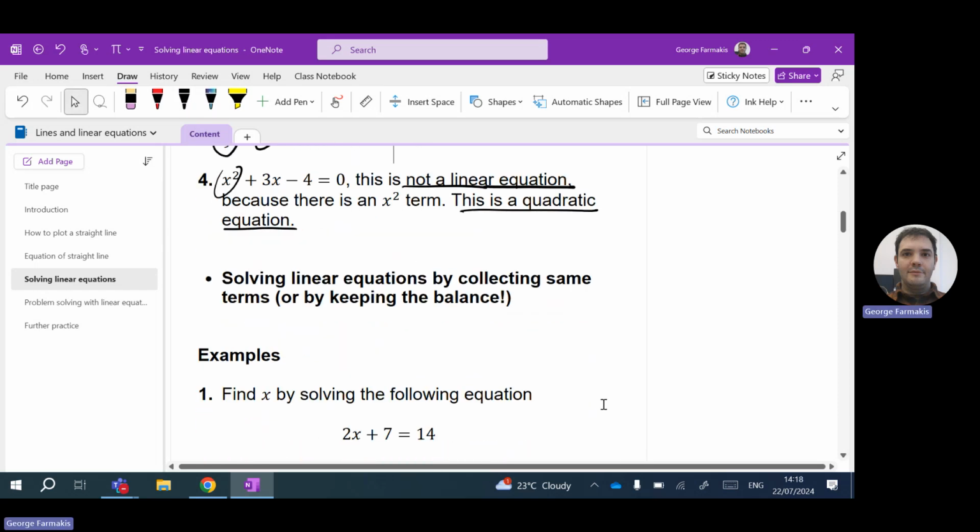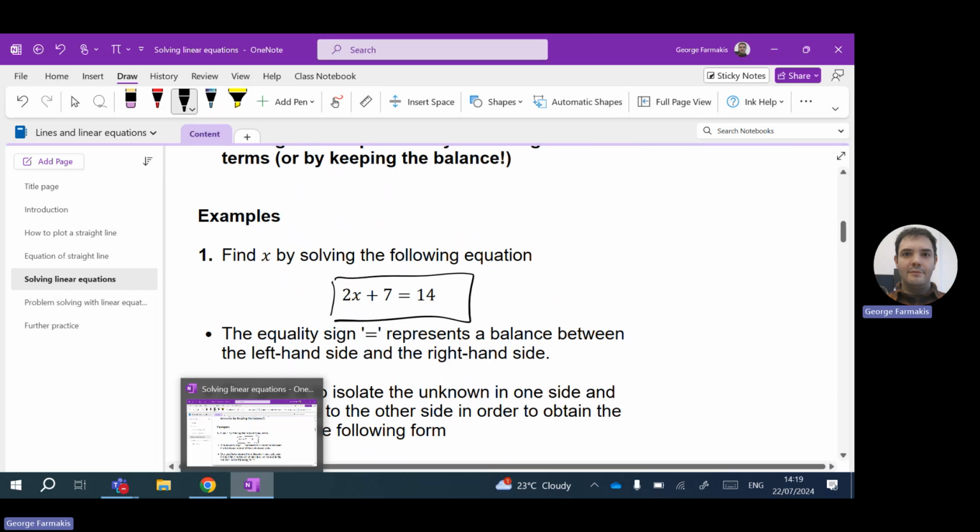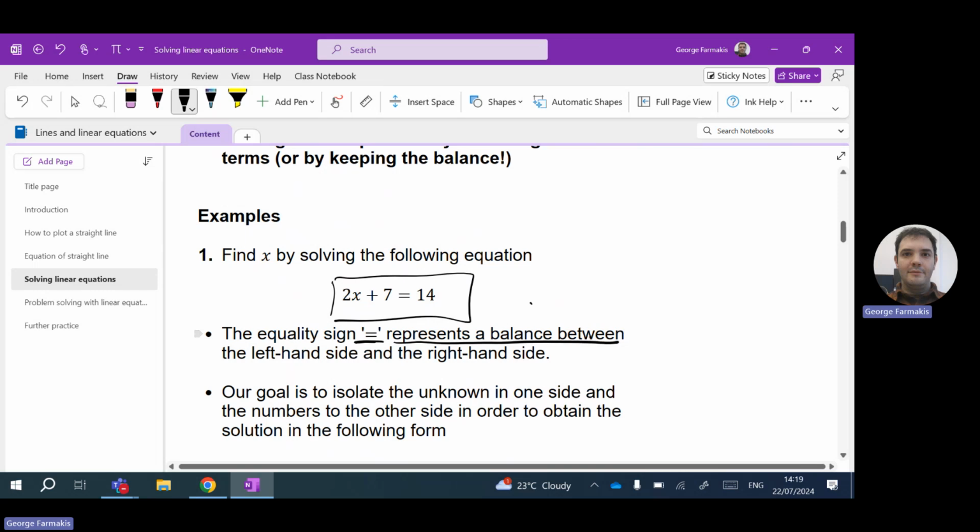And the main method is the method of collecting same terms, or keeping the balance. So for example, if we want to solve the equation 2x plus 7 equals 14. In general, for an equation, the equality sign represents a balance between the left-hand side and the right-hand side.